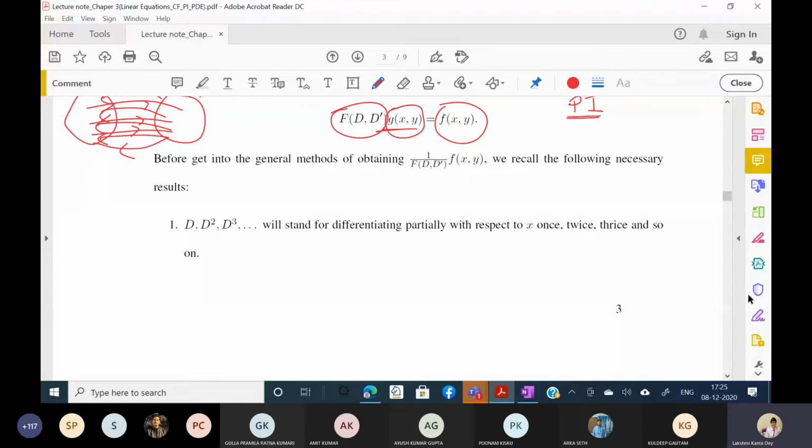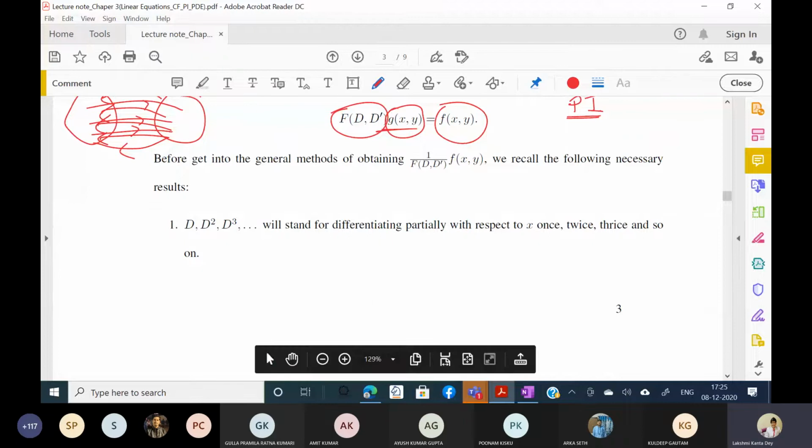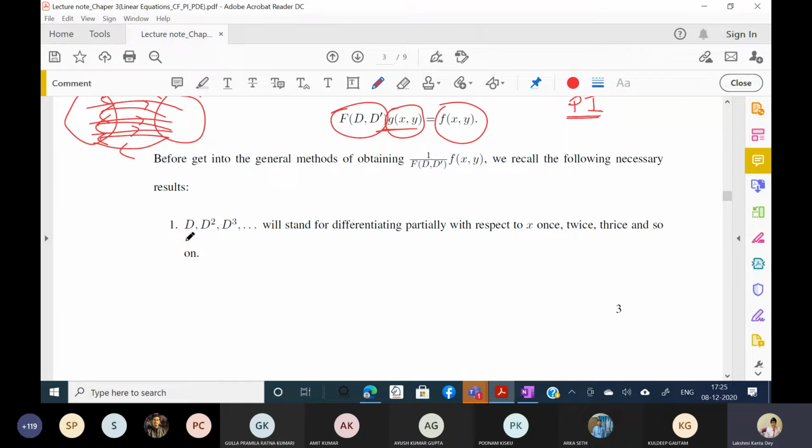So let us recall the meaning of D square, D cube. These stand for differentiating partially with respect to x: D means differentiate partially with respect to x one time, D square means twice, D cube means thrice. In this way we have to go on.